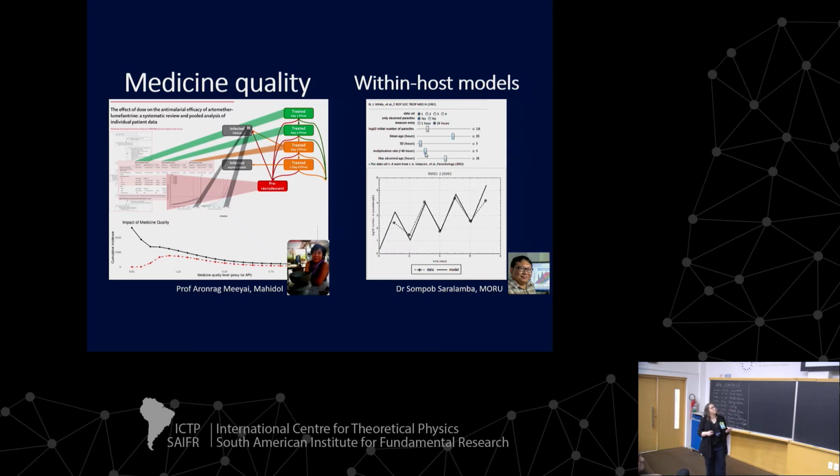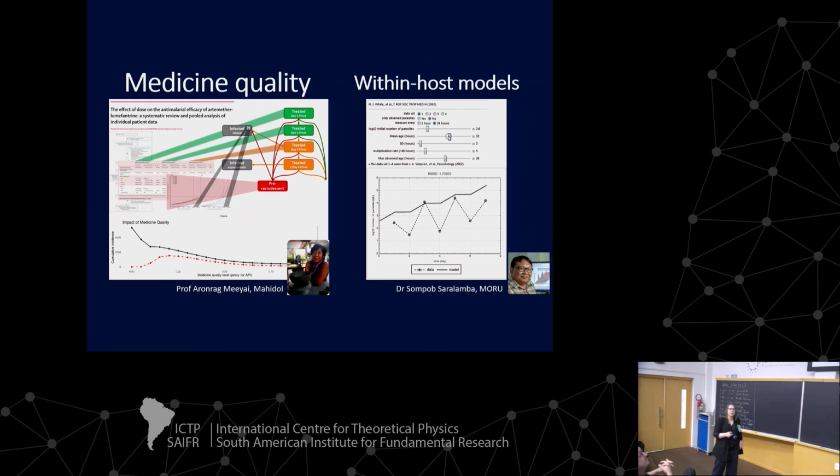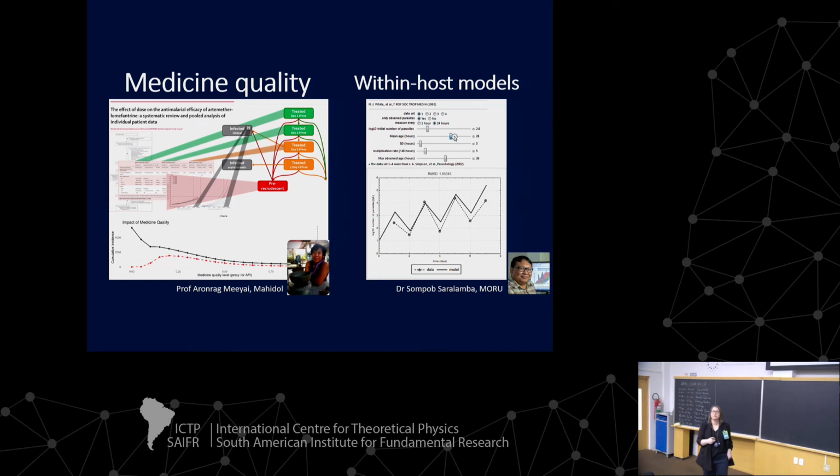And so there's a couple of examples of this that I've shown here, but there is an opportunity, and we've had opportunities to interact with laboratory and clinical researchers who have a specific question. In this case, the specific question was, what is the potential impact of poor quality or counterfeit medicines on the spread of resistance to malaria treatment?